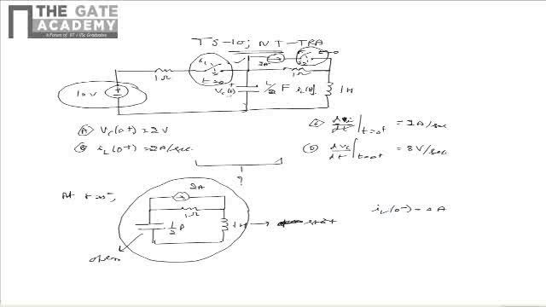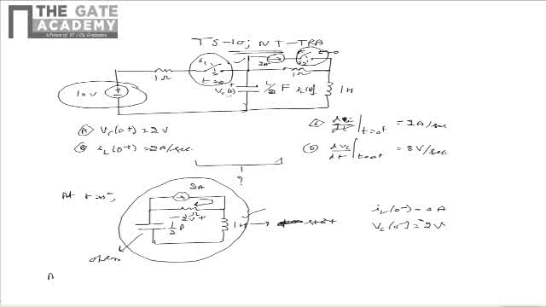Due to the reason that the capacitor is open, the inductor will not carry any current. The 2 ampere current will flow through the 1 ohm resistor. Hence Vc of 0 minus can be written to be minus 2 volts. This is due to the reason that the drop across the 1 ohm resistor is 2 volts.